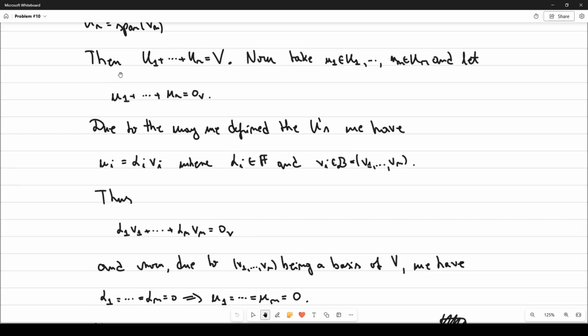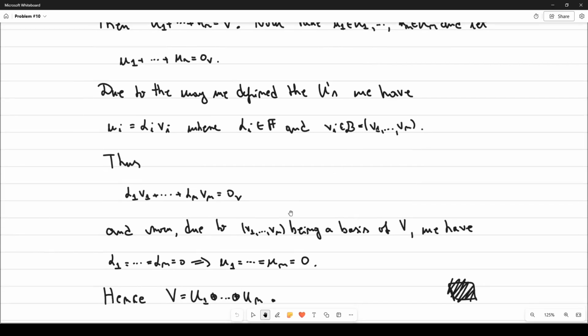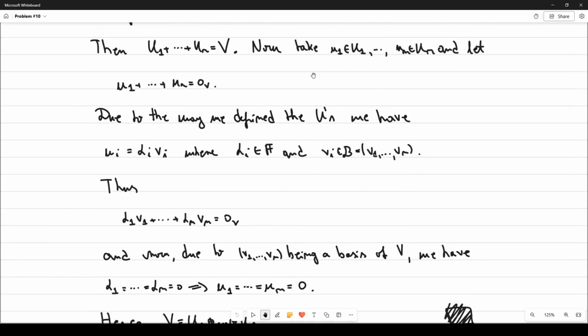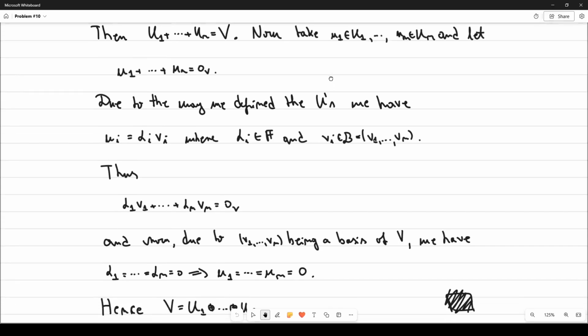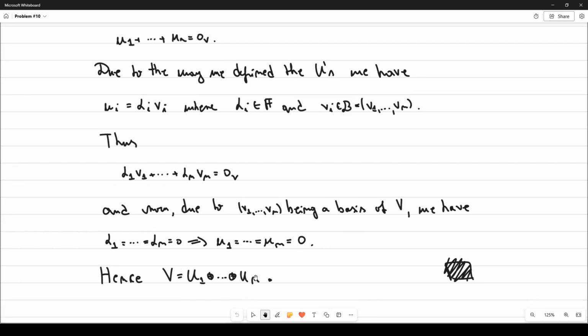So the only way to express the 0 vector using these vectors from our subspaces is by taking the 0 vector from each subspace. So that means that the sum of our subspaces is a direct sum of our vector space V.